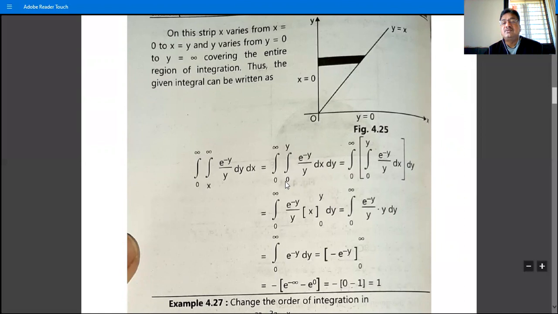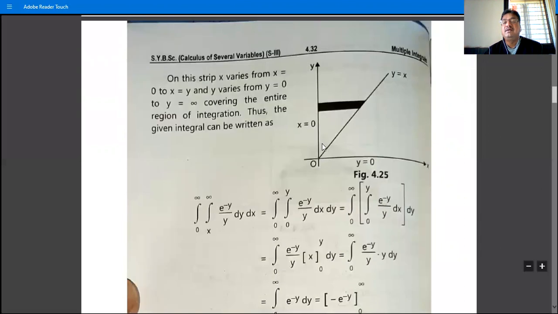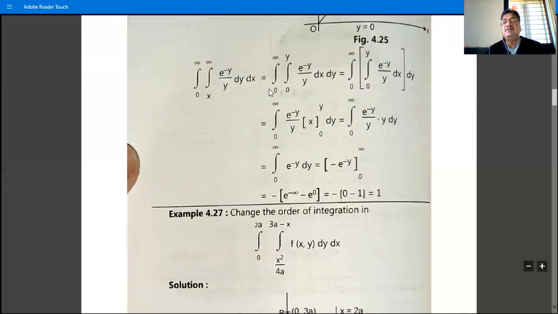And then in order to cover the total area, this unbounded area, we have to move this strip from this point up to infinity. So y runs from 0 to infinity.